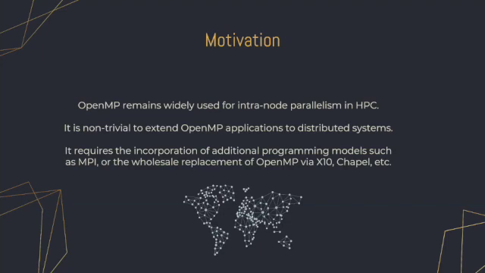Typically, this involves the addition of a new model, such as MPI, or trying something new altogether, like X10 or Chapel. And there are many large applications for which this is the only way, because the features MPI provides are unmatched. But for simple applications, if someone just wants to use remote CPUs or remote GPUs, we felt that there had to be a simpler way.